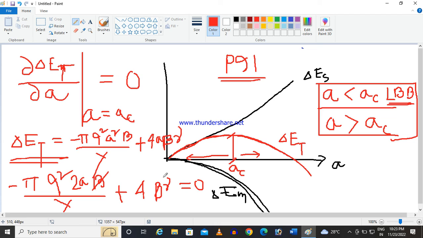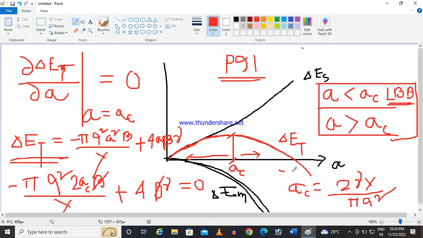Then this B will be cancelled out, and here A means AC. So the critical crack length is given by 2 gamma times the Young modulus divided by pi sigma square.